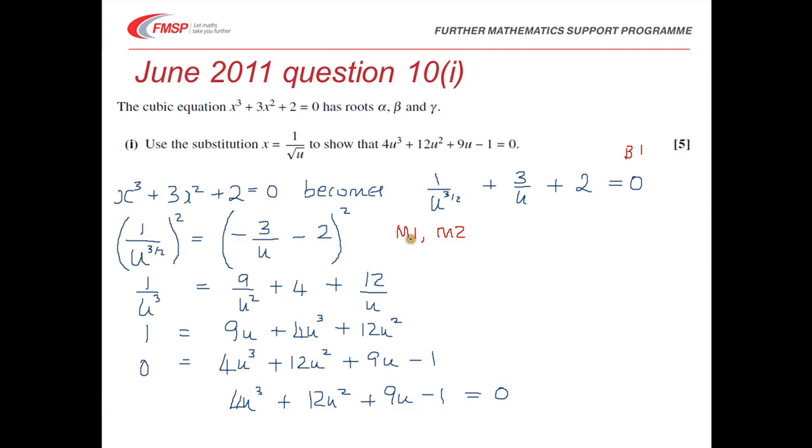Sorry, that was another method mark, so 2 in total. You got an accuracy mark at this stage for when you squared the brackets, and then rearranging it and getting the correct form, another accuracy mark. So 5 marks in total for that question.